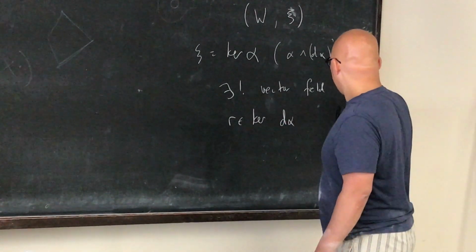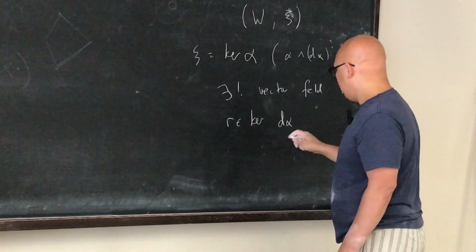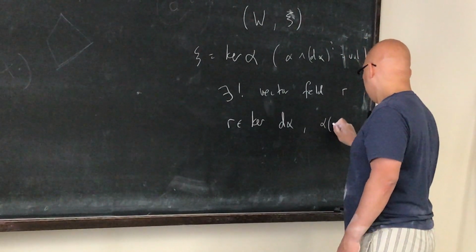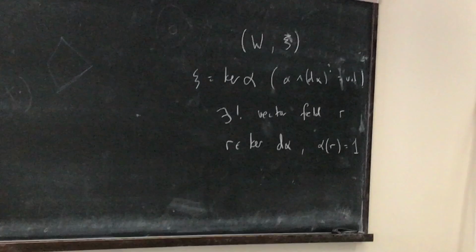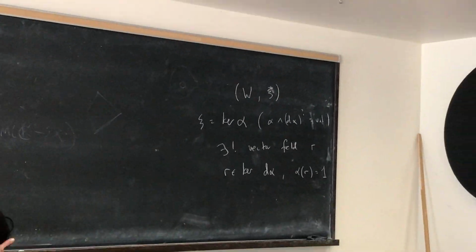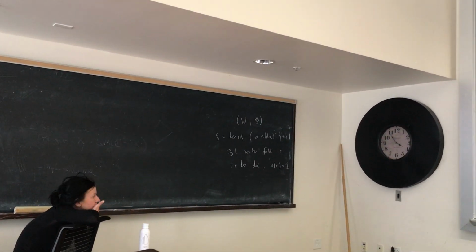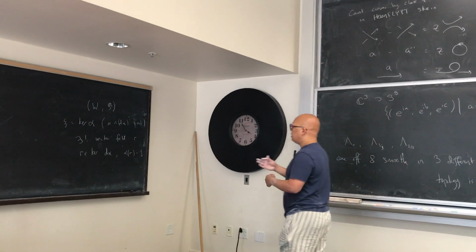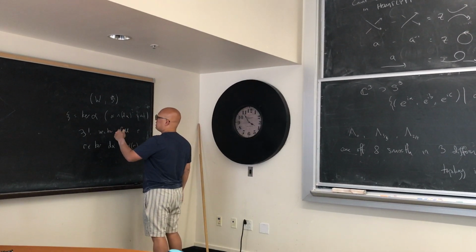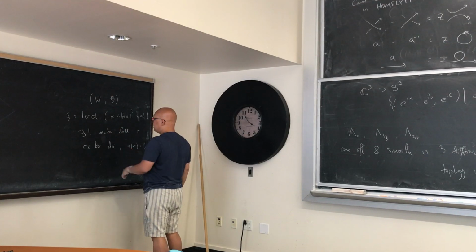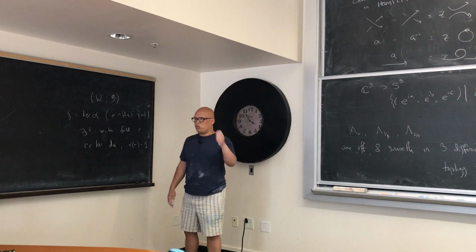And there's a unique vector field R, so R is in the kernel of d alpha, and alpha of R is 1. That's the Reeb vector field. To discuss Hamiltonians in the contact setting, you need to choose this form, and once you choose that form, this is the thing which corresponds to Hamiltonian 1.